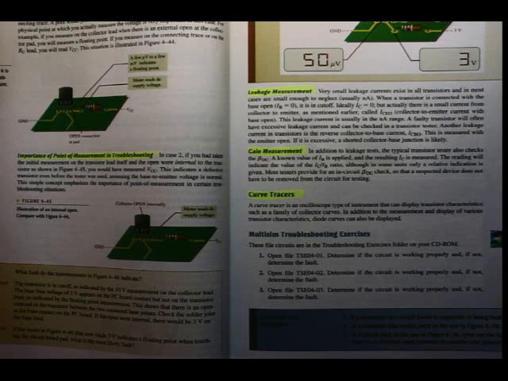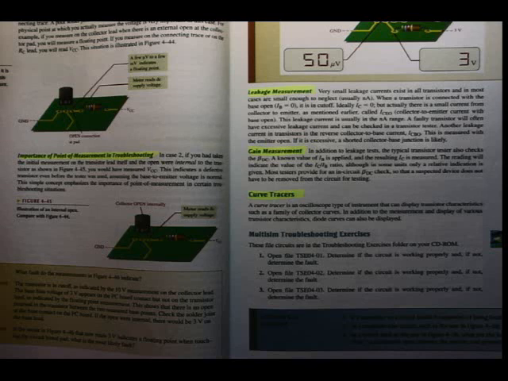Another leakage current in transistors is the reverse collector to base current, ICBO. This is measured with the emitter open. If it is excessive, a shorted collector base junction is likely. With a transistor tester, you can also do the gain measurement, which is beta DC, of course.